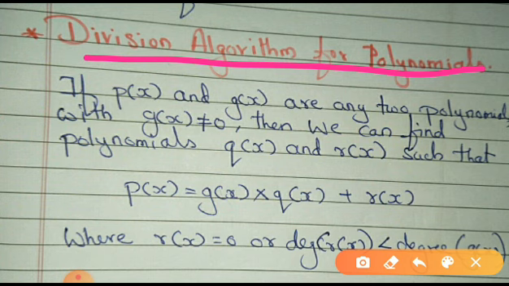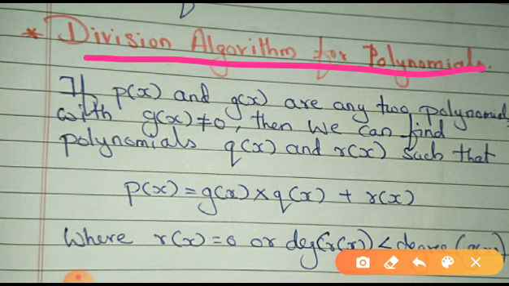In lower classes, if I have a dividend and a divisor, and I divide the dividend by the divisor, then I will get some quotient and the remainder. Always, what is the condition on the remainder? Your remainder is either equal to 0 or always less than your divisor. That is in general for numbers.